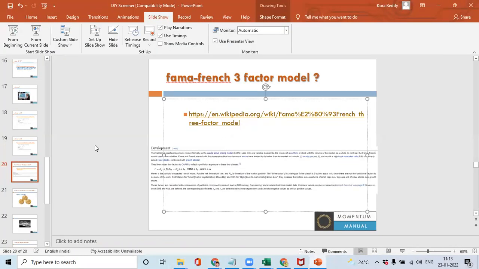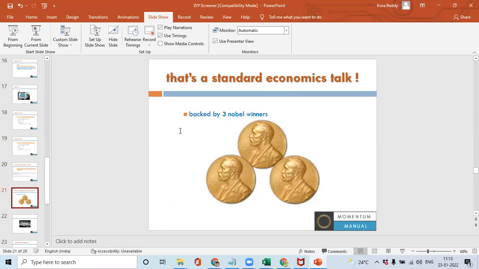All right, so we spent like an hour so far. In this 1 hour, we have actually used 3 Nobel Prize winning formulas. What are those? Jensen's alpha, Fama-French.